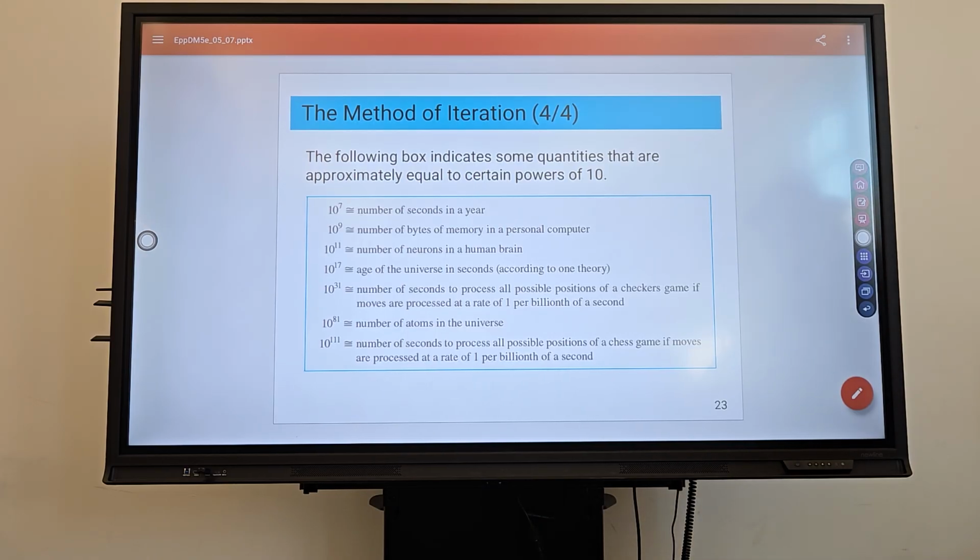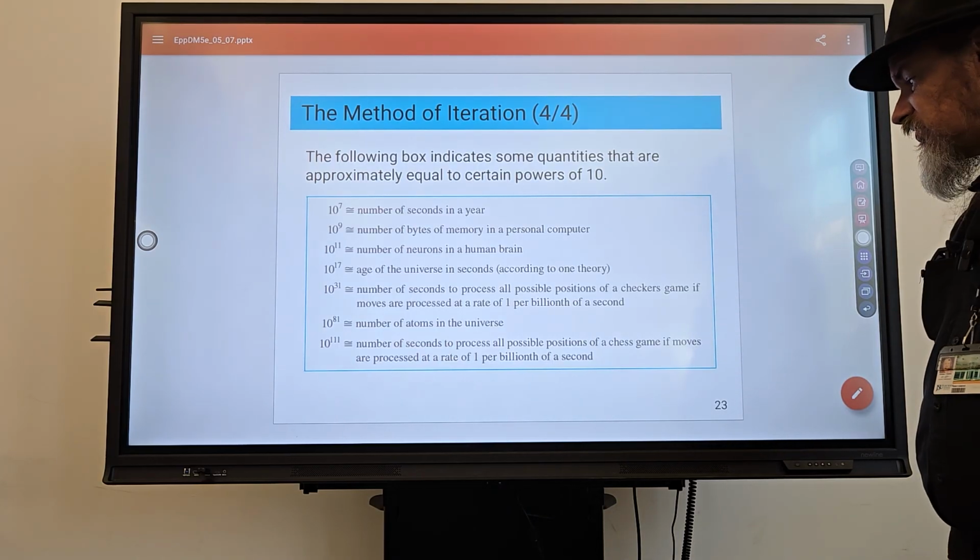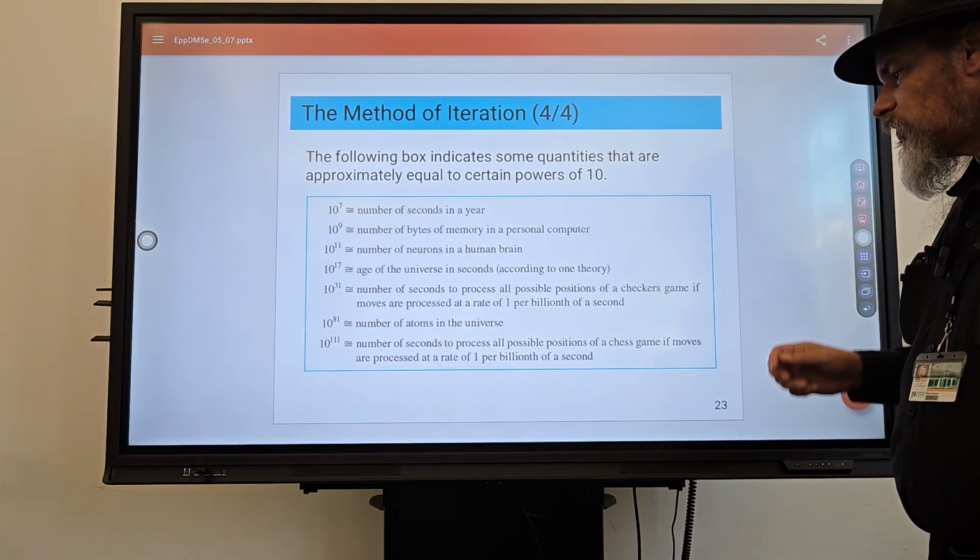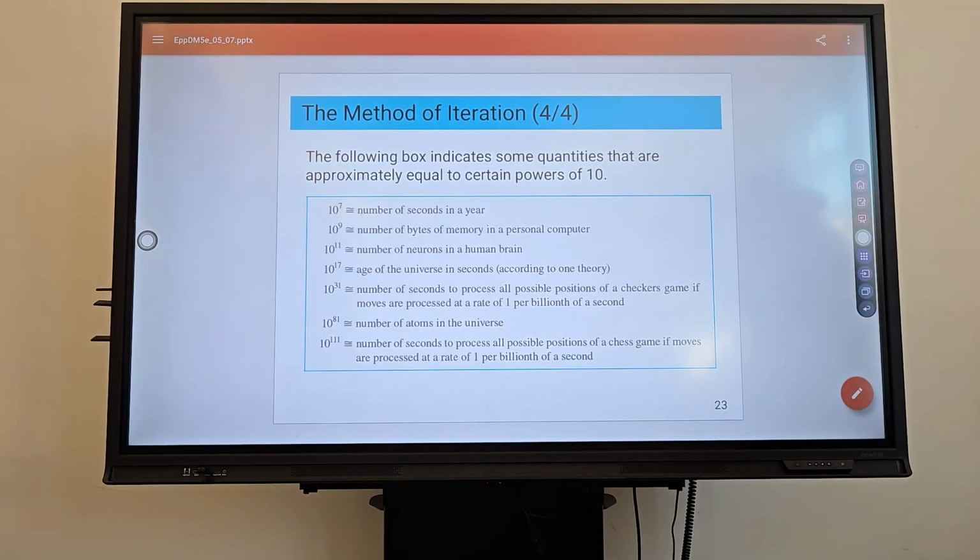Number of atoms in the universe, 10 to the 81st power. And 10 to the 111th power, the number of seconds to process all possible positions of a chess game if moves are processed at a rate of 1 billion per second. More than the number of atoms in the universe.